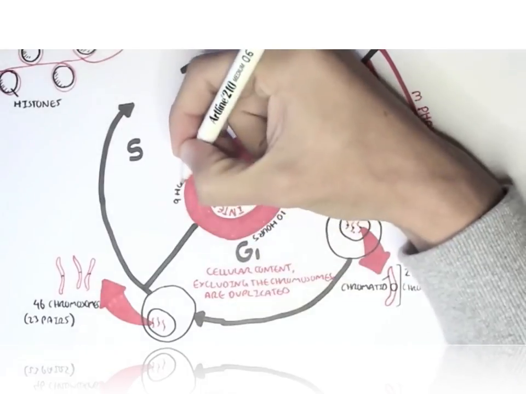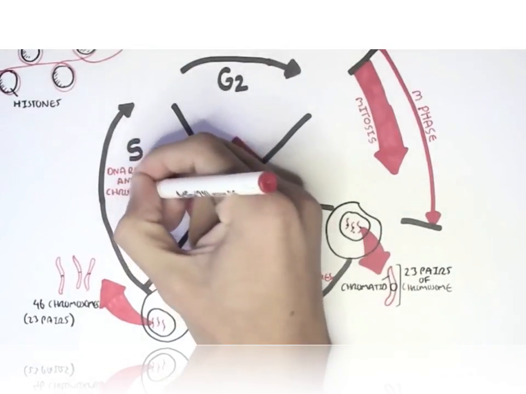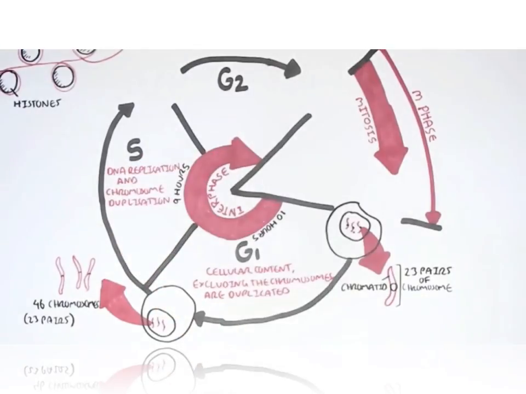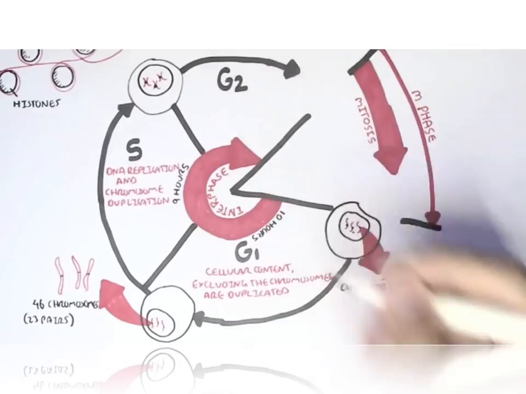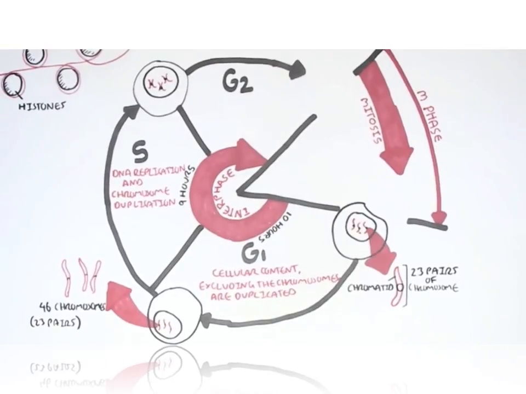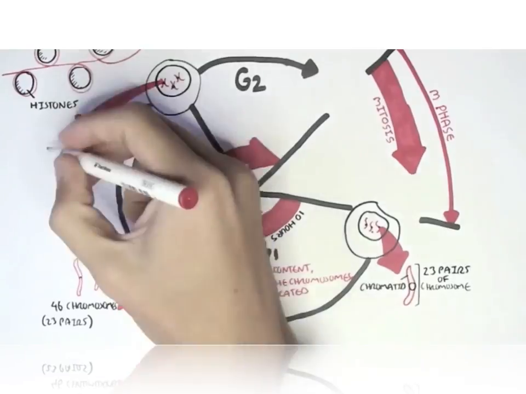And then this cell will enter the S phase, which goes on for about 9 hours. In the S phase, this cell will have DNA replication and chromosome duplication. So at the end of the S phase, this cell will have duplicated chromosomes, as you can see by the diagram. If we zoom into the genetic material of this cell, it would look quite different.